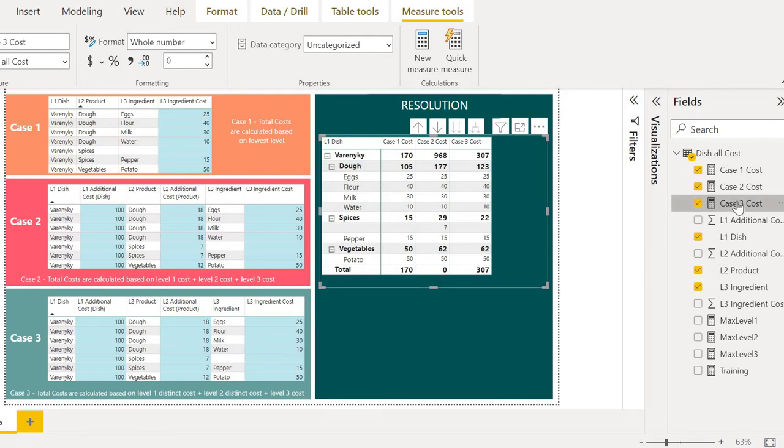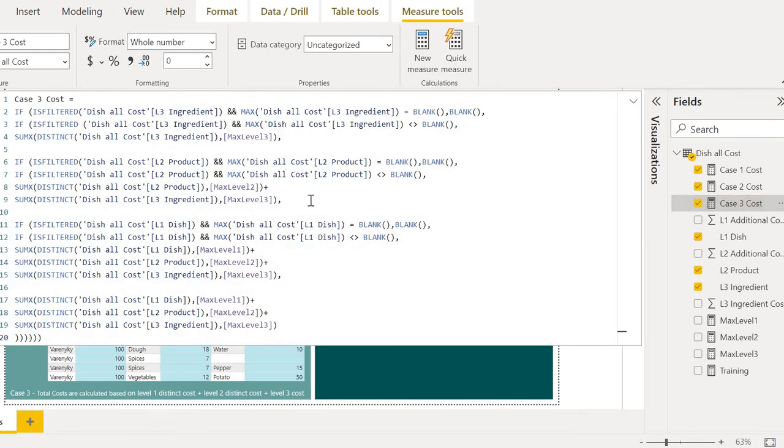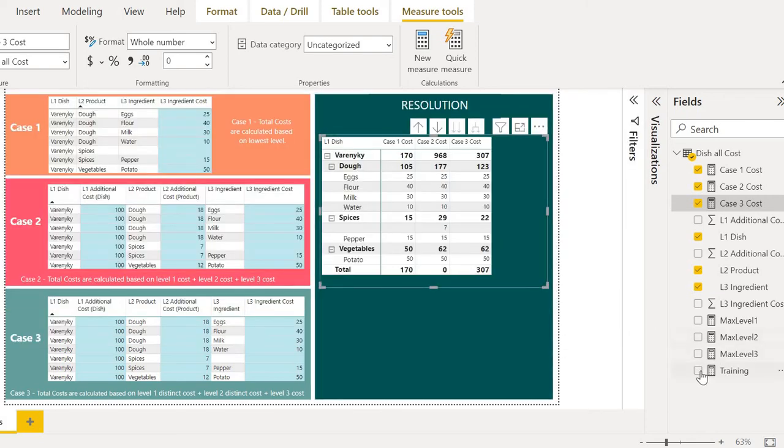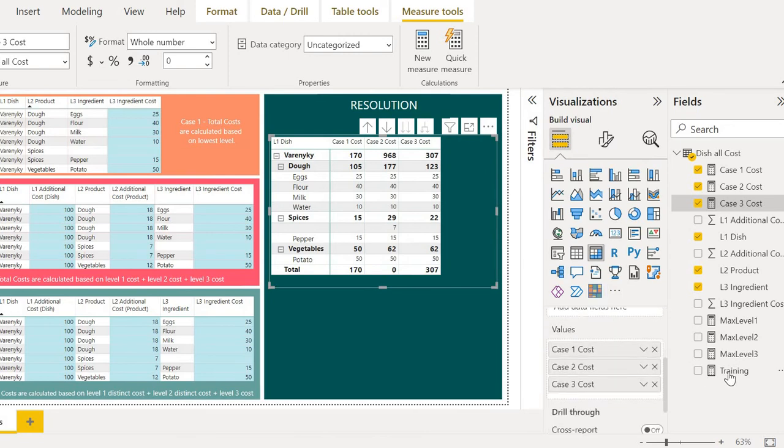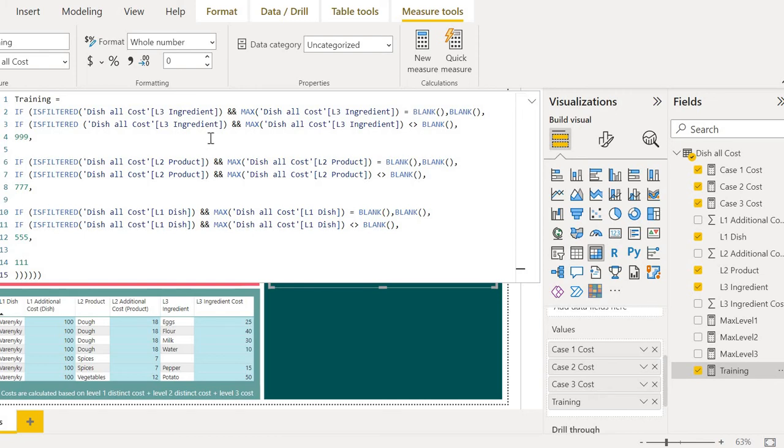And if the formula looks a little bit difficult to you, I would advise you to start with the same formula. Let me add it. Training. So, I would show you.